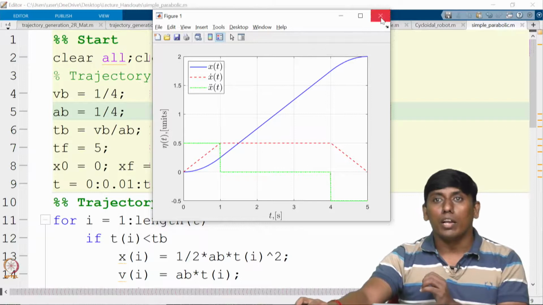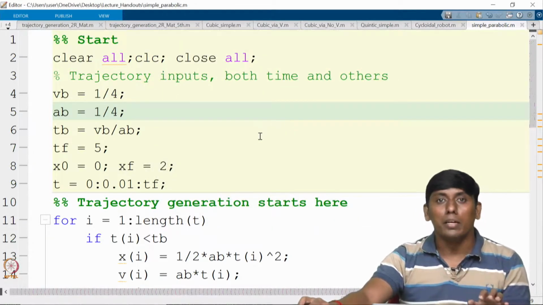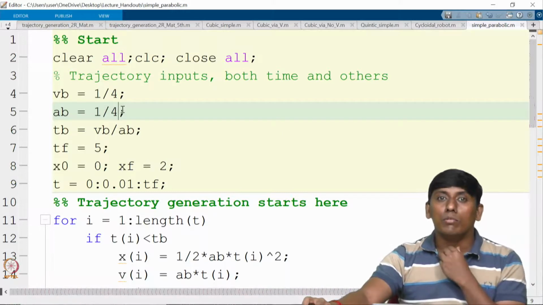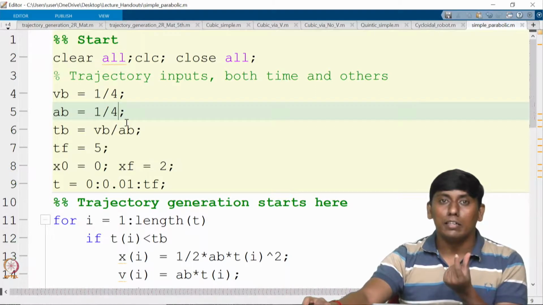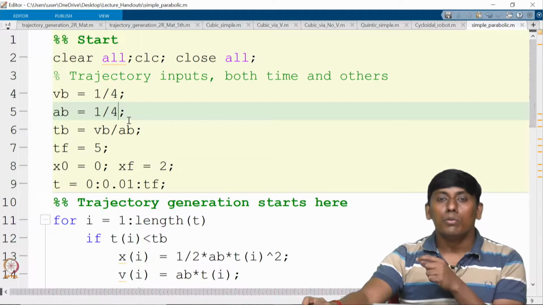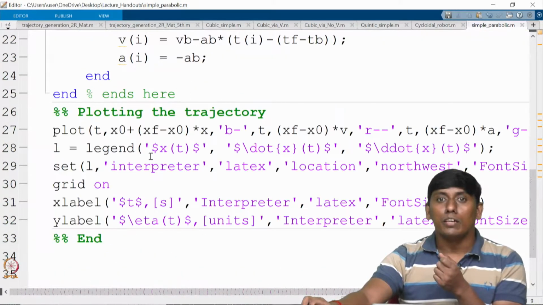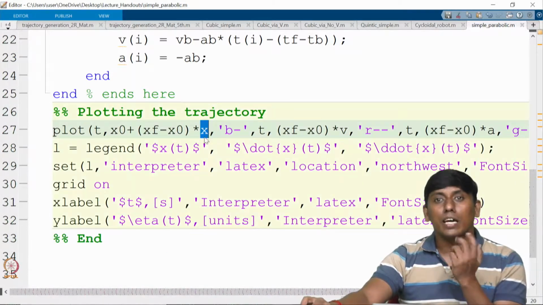These are all what we want to say in a parabolic blend. Whatever you are getting is the addition of VB plus AB, and that multiplied by twice would be your proportion.